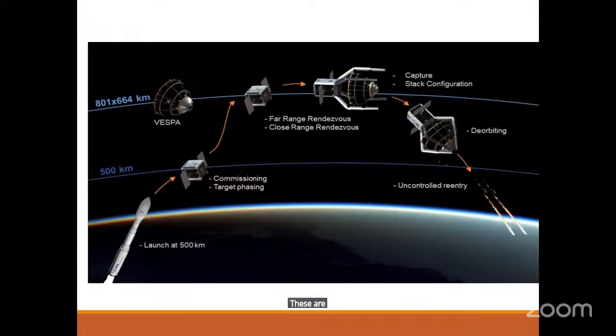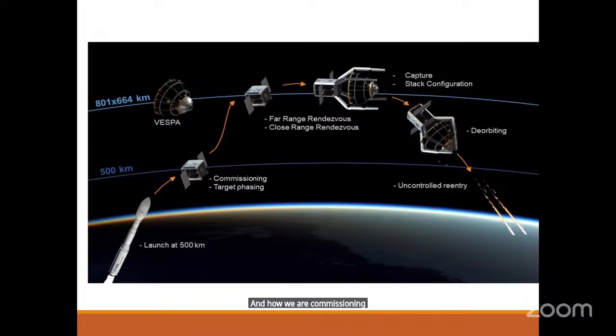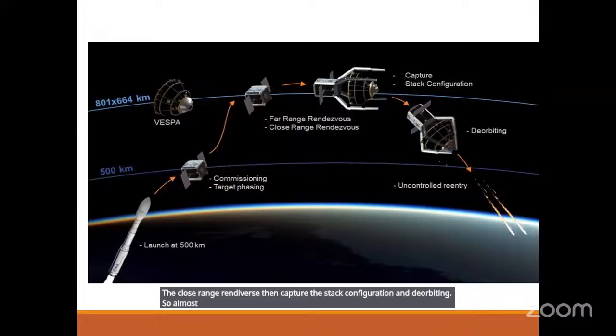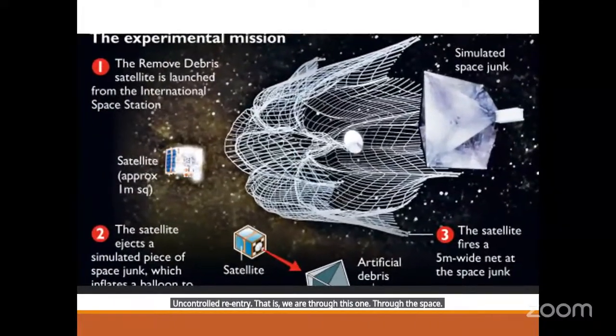These are very important, informative things, at 500 meters and 8800 meters. Here is how the target is commissioned: long range rendezvous, close range rendezvous, then capture, stack configuration and deorbiting. So almost it was deorbiting and uncontrolled re-entry through space. You see, even very big things we can easily capture using the net system.